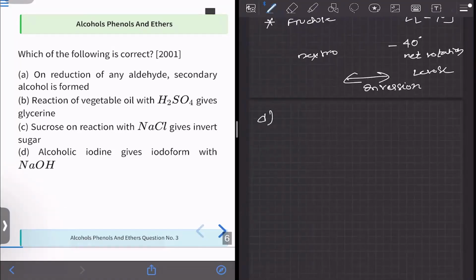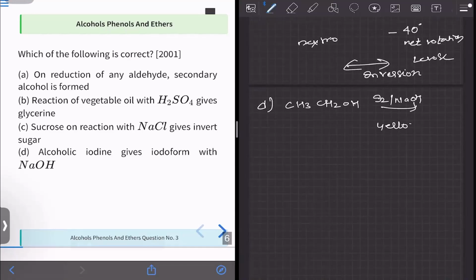Next one, option D. Alcoholic iodine gives iodoform with NaOH. See, for example, take CH3CH2OH. Whenever it reacts with I2 plus NaOH, it produces a yellow precipitate.